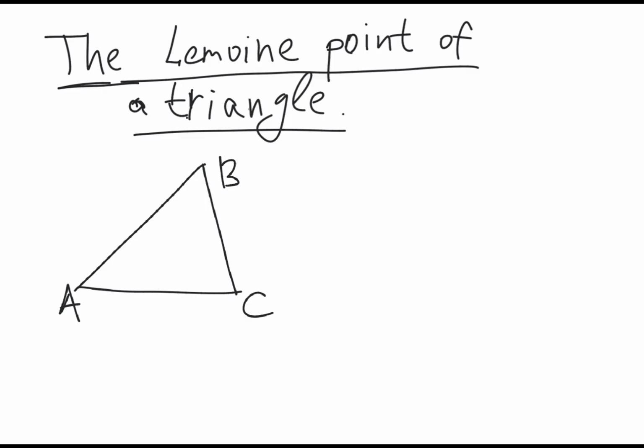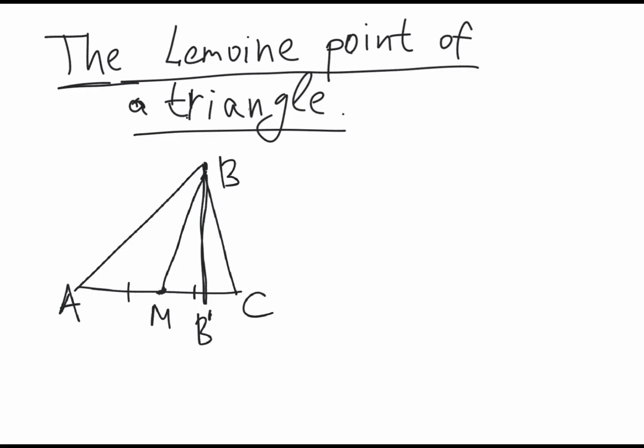Just to recall, a symmedian, which we denote BB prime, is the line that is symmetrical to the median. So BM is the median, BM is equal to MC, so M is the midpoint.